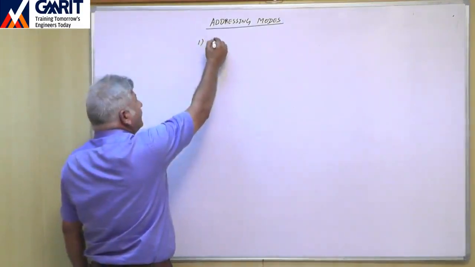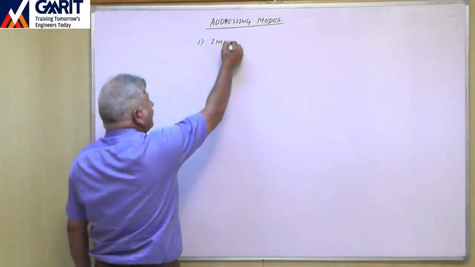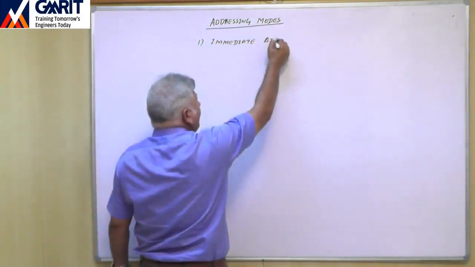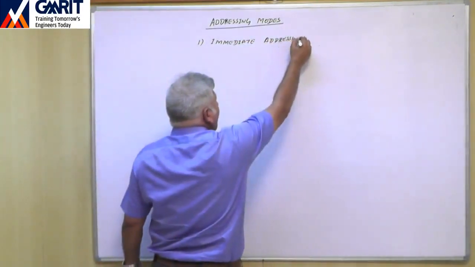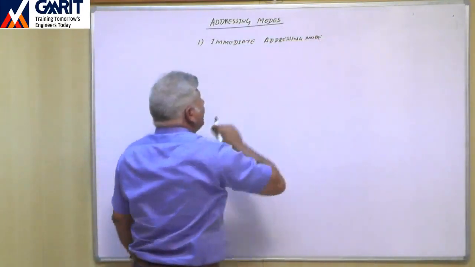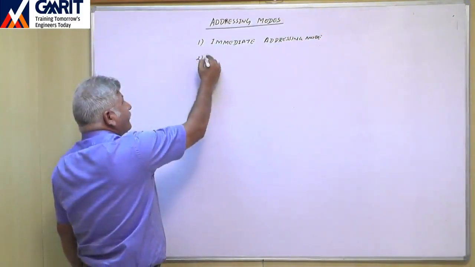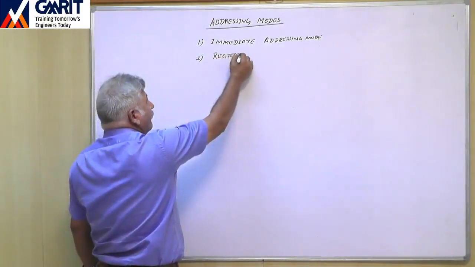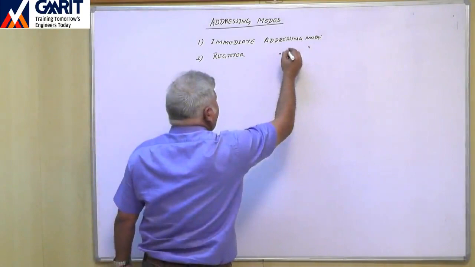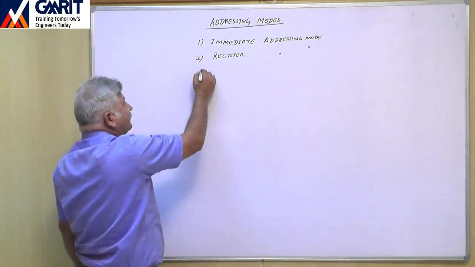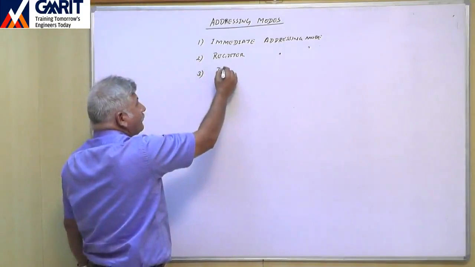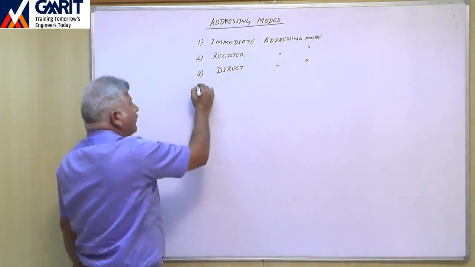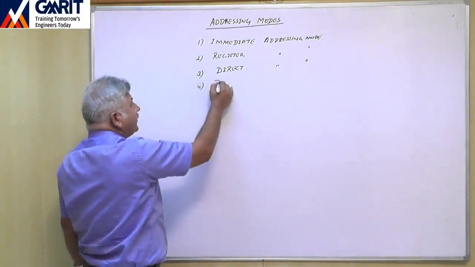One is immediate addressing mode. Second is register addressing mode. Third is direct addressing mode. Fourth is register indirect addressing mode.